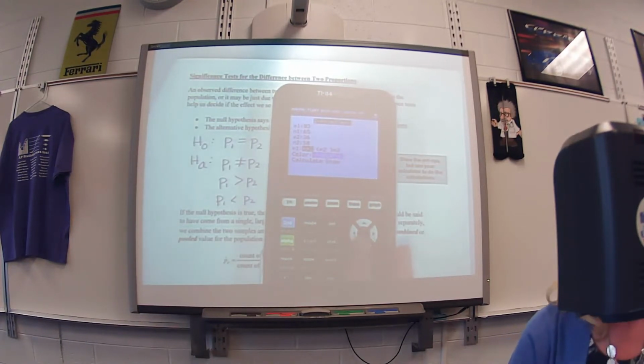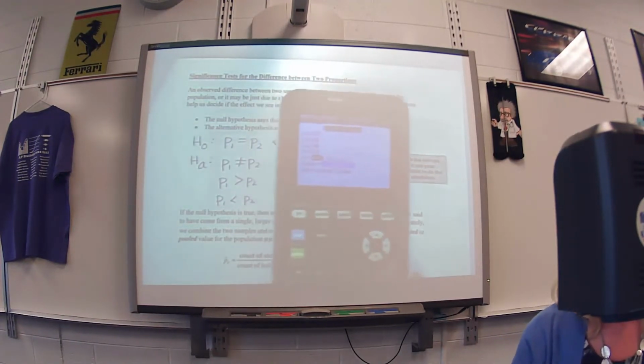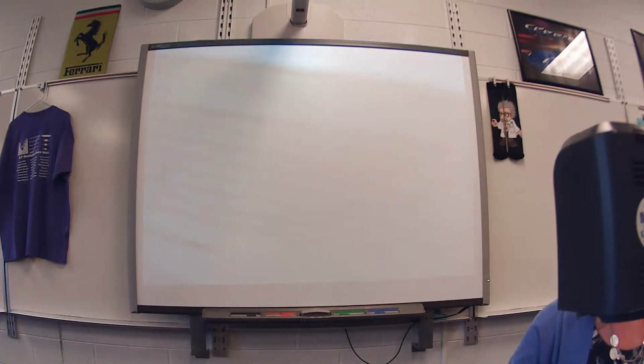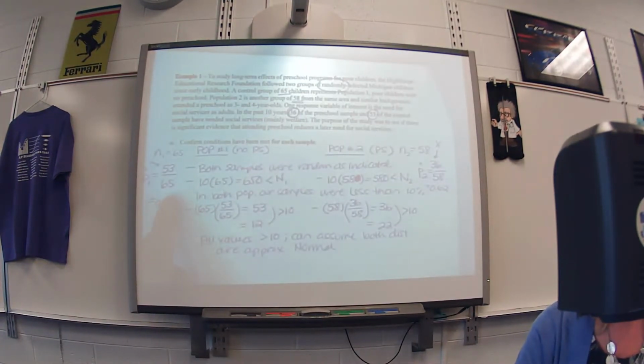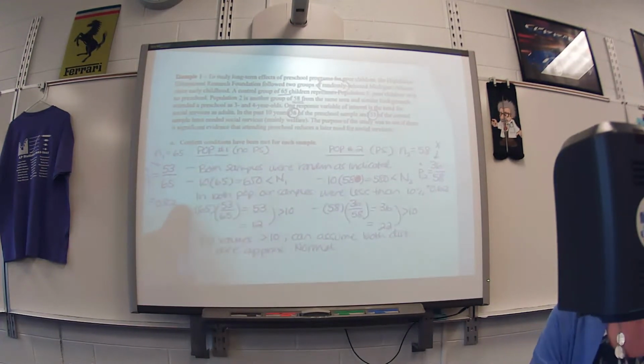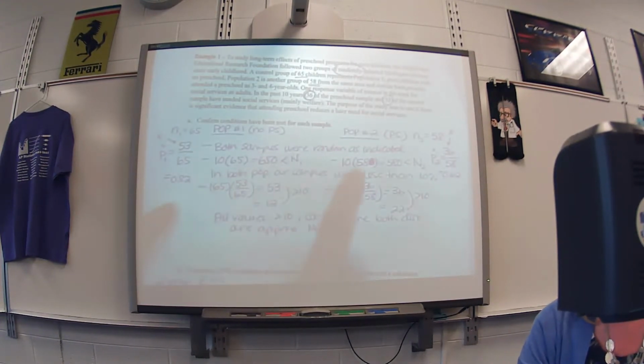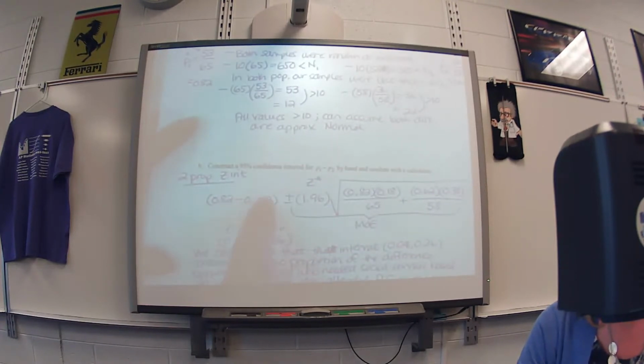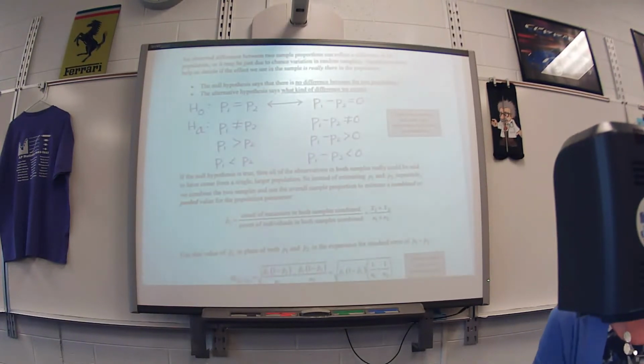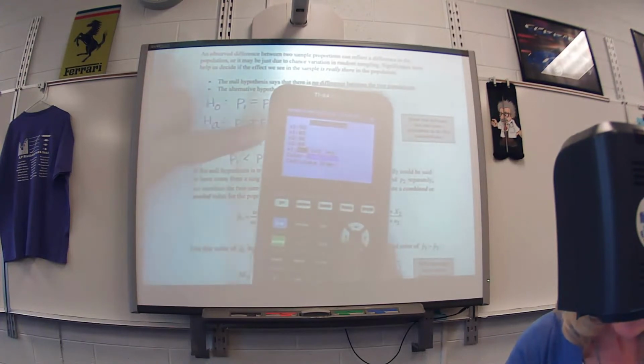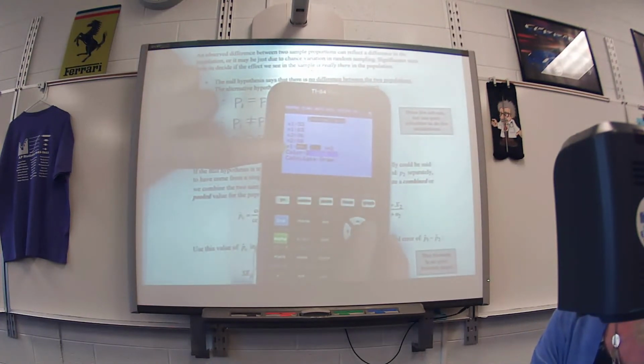Okay, now, what were we testing though on this? We were pretty sure that population 1 was going to come in higher than population 2. That's why we would have subtracted. All right, so when I go to this, I would want population 1 greater than population 2.